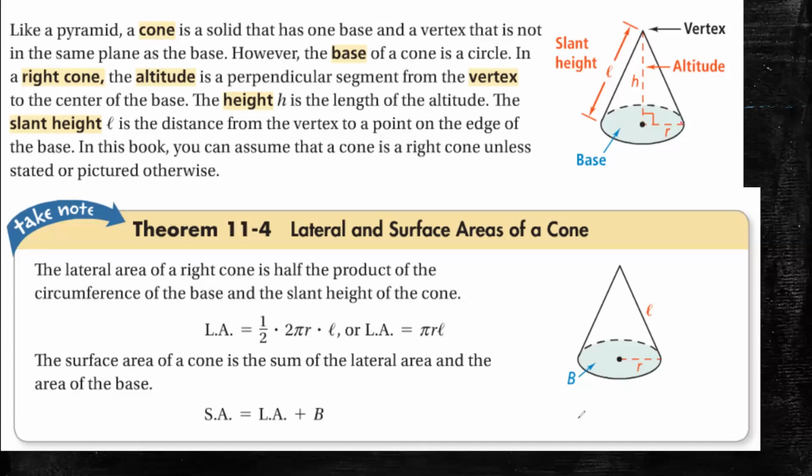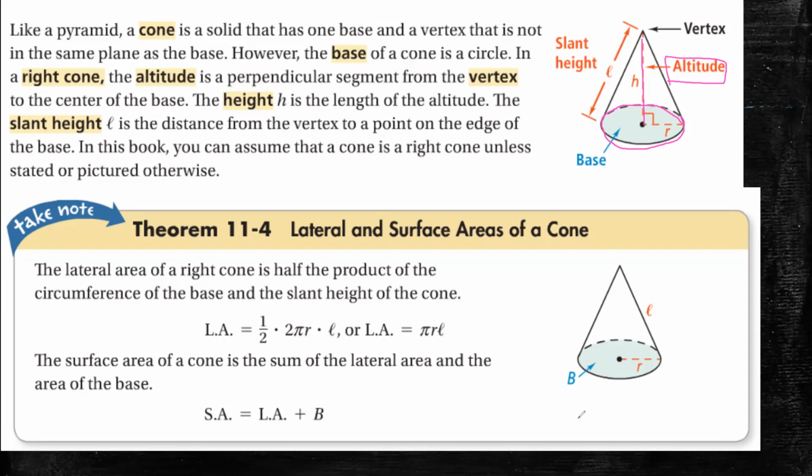So the cone now has a circle base. And the lateral faces here are not triangles, it's a curved lateral face. They have the same thing. The length here of the altitude that is perpendicular to the base is the altitude, or h, the height.